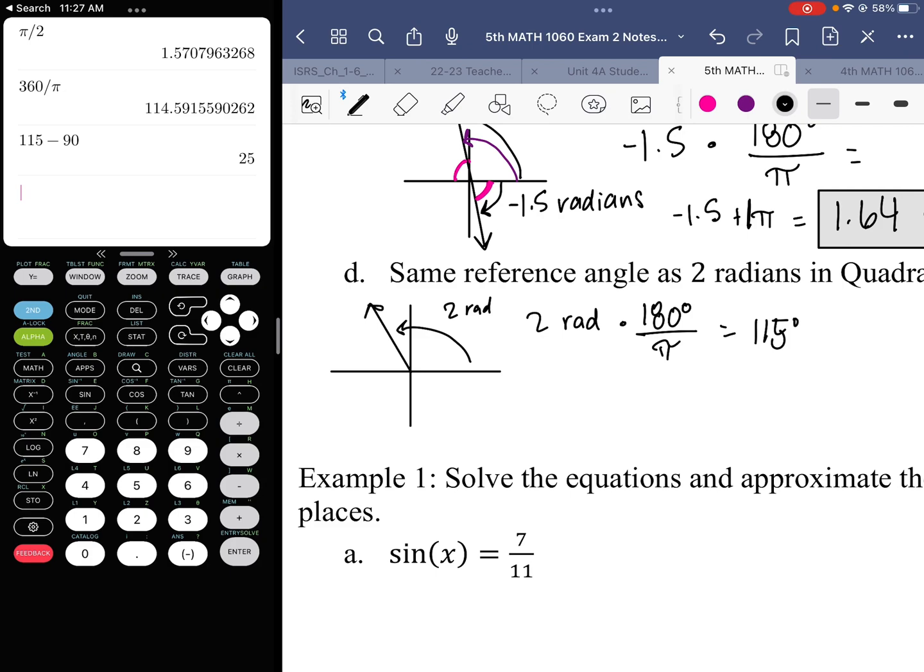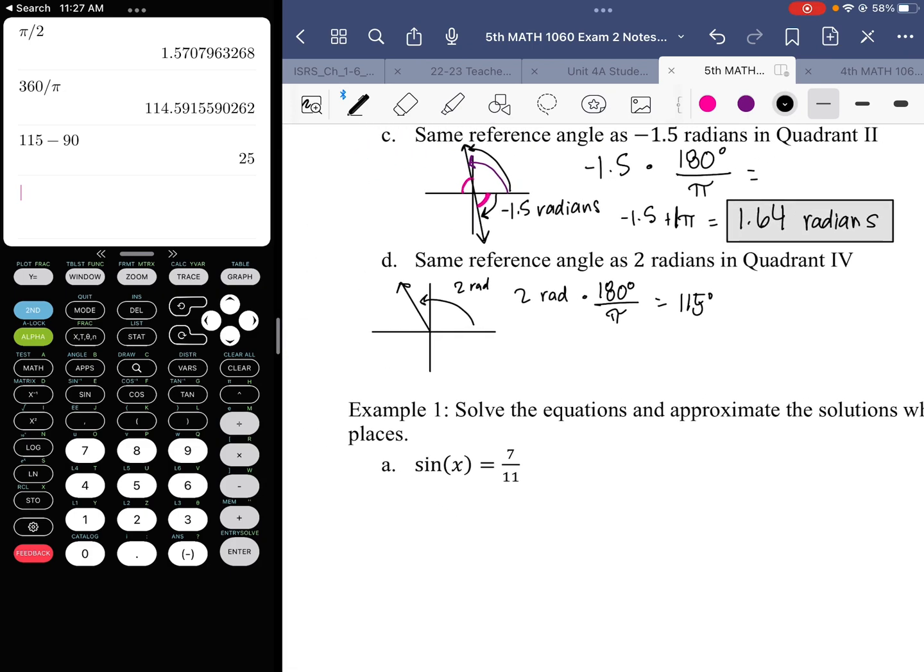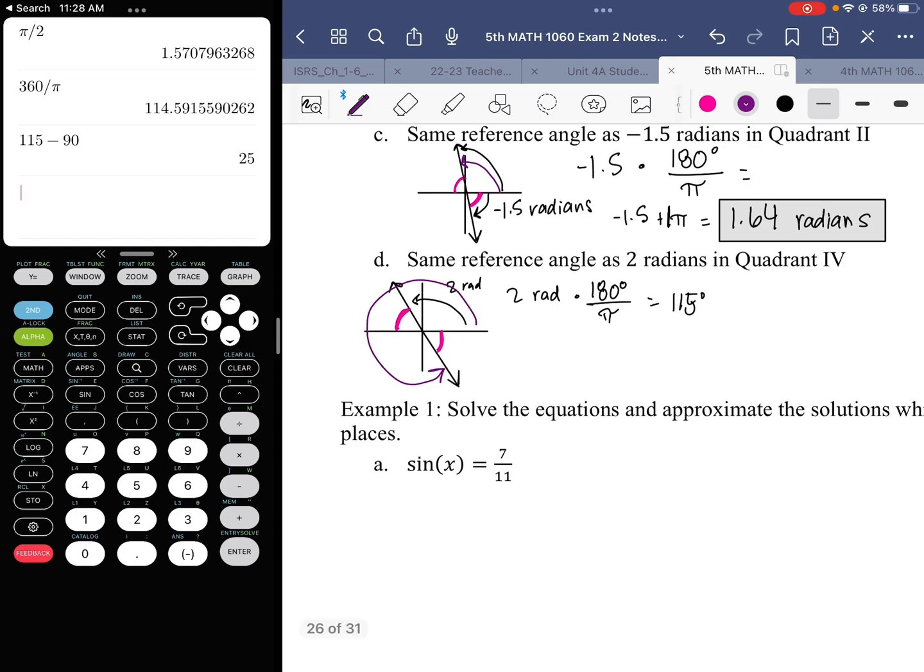Okay, and then we need the same reference angle. So the reference angle would be this one here, right, down to the x-axis, which means we would want ours, if we're in quadrant 4, the reference angle would be right here, but the angle I'm actually after would be this or this, okay?